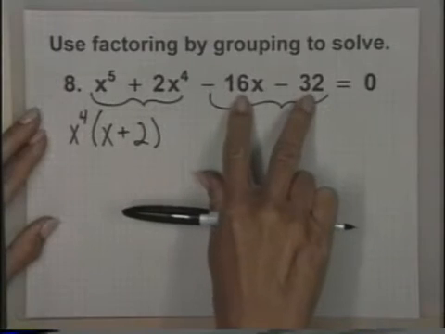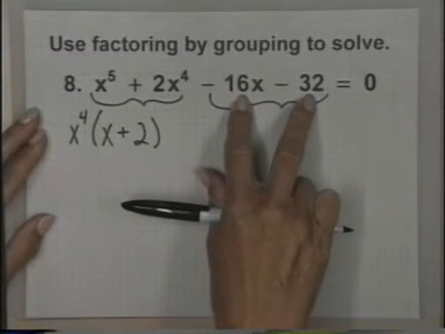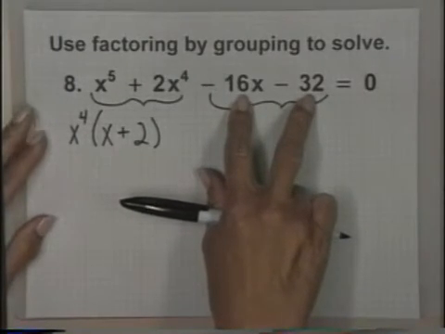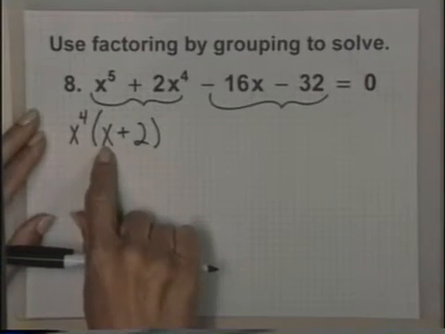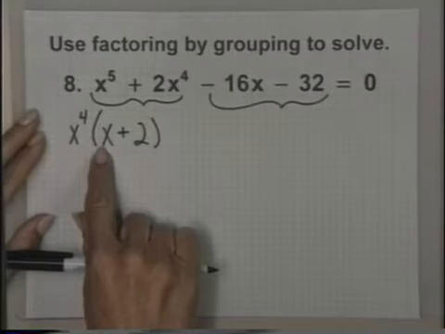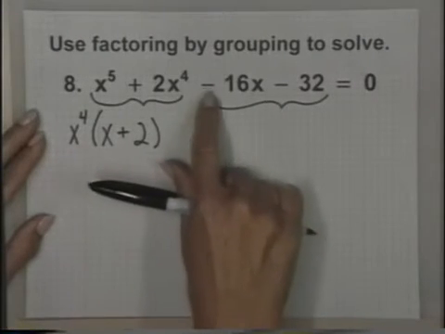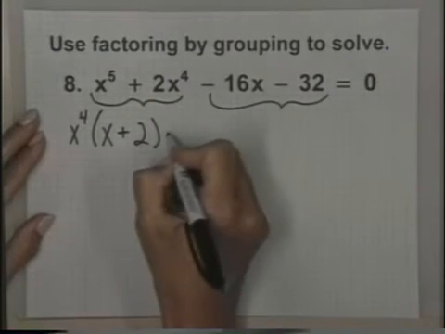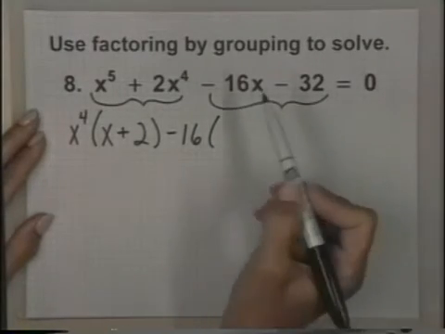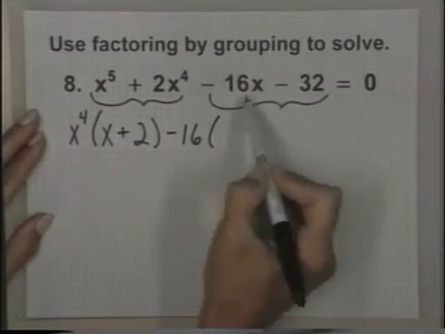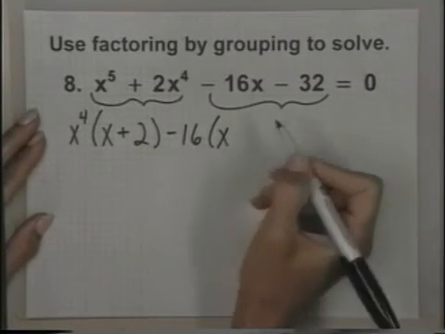For our last 2 terms, we have a common factor of 16. Should we take out positive 16 or negative 16? We need a positive x for the first term of that common binomial factor, so what should we take out? Negative 16, shouldn't we? When we factor negative 16 out of negative 16x, we're left with x.